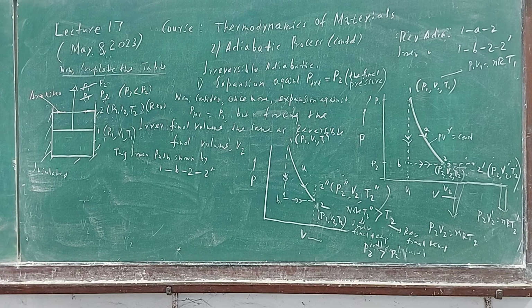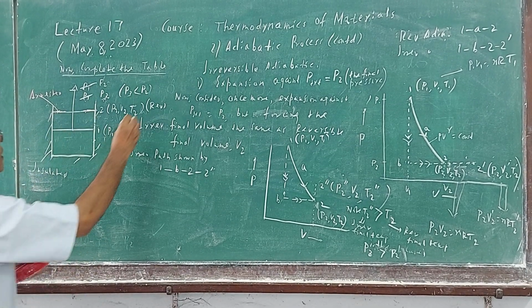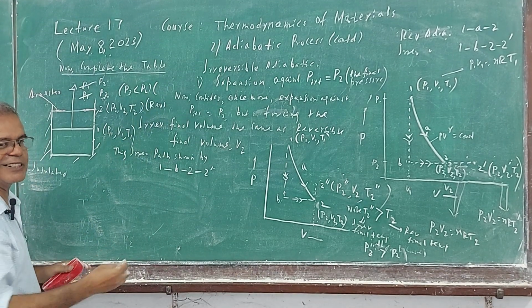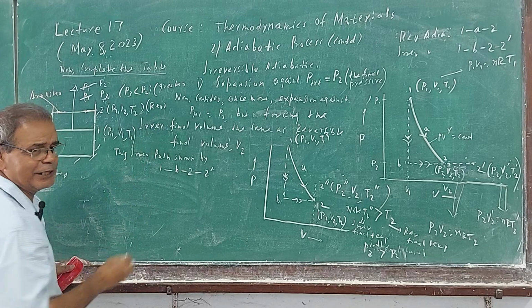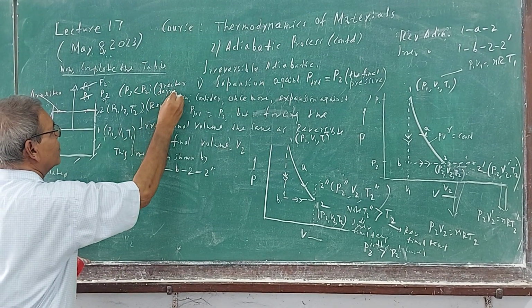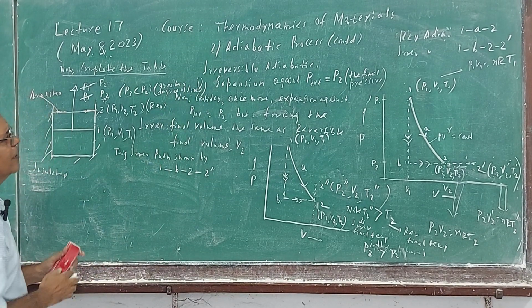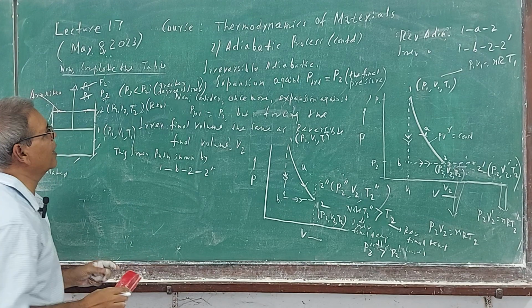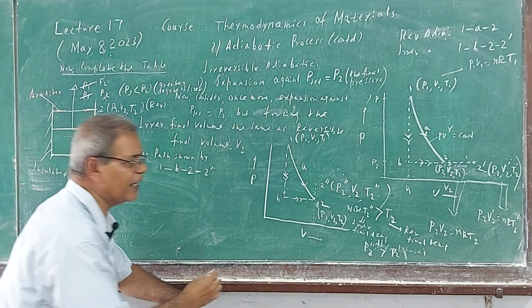So greater degree of irreversibility, you may say. Right here, note this. You remember the degree of irreversibility I said? Maximum degree of irreversibility. Greater degree of irreversibility. Now can anyone tell me how shall I draw this?